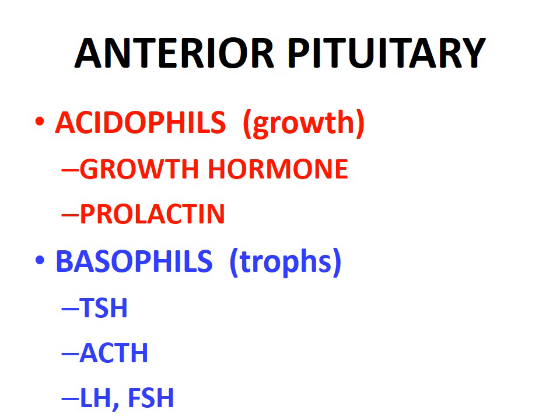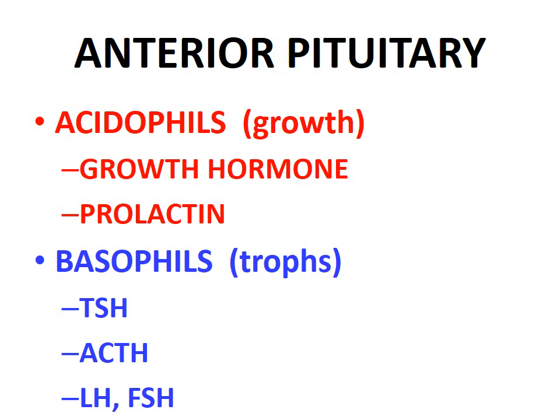Now, the anterior pituitary basically comprises, as we discussed, two types of cells, acidophil cells and basophil cells. Acidophil cells are related to the growth of an individual, and they result in secretion of growth hormone and prolactin. Basophil cells are trophic cells.